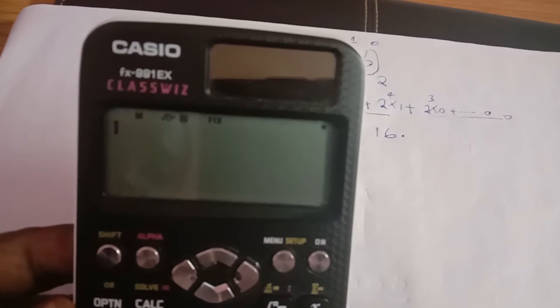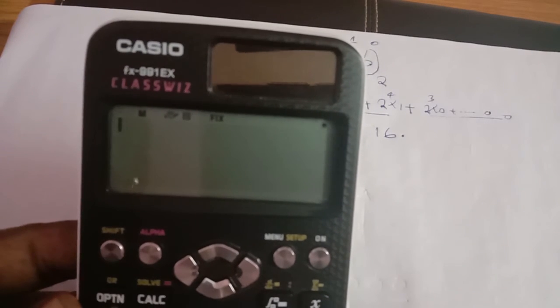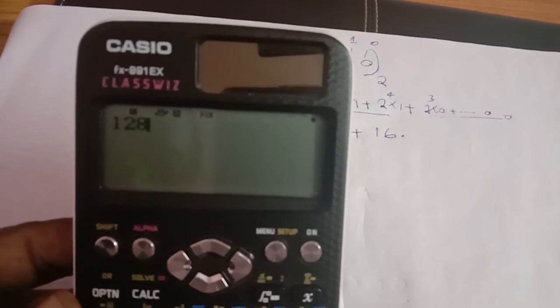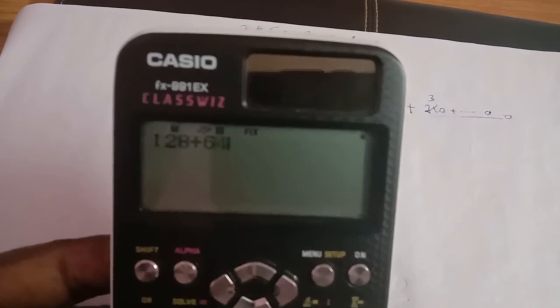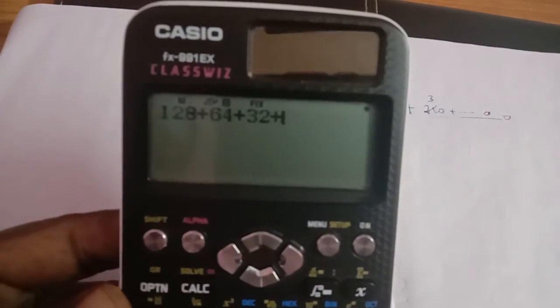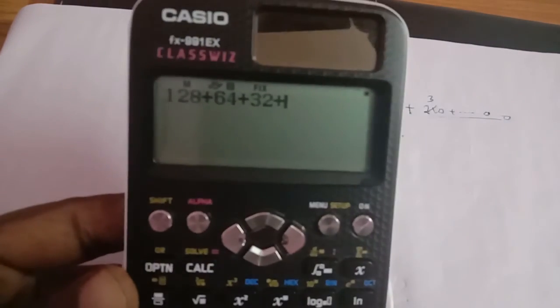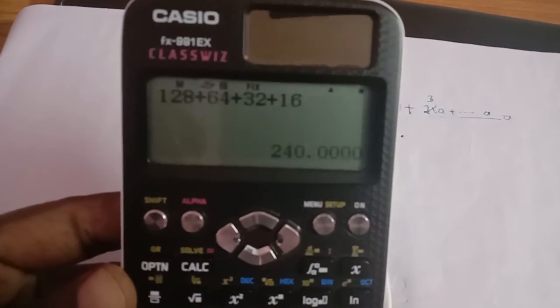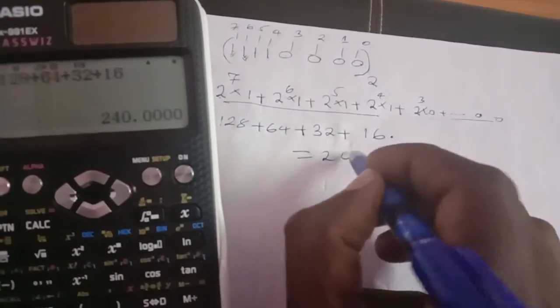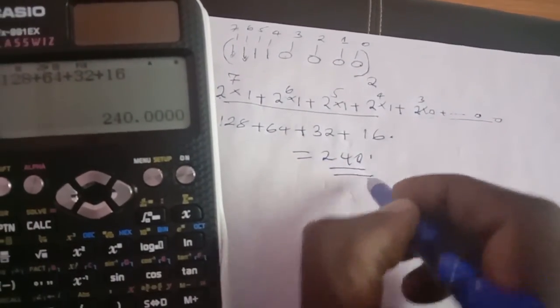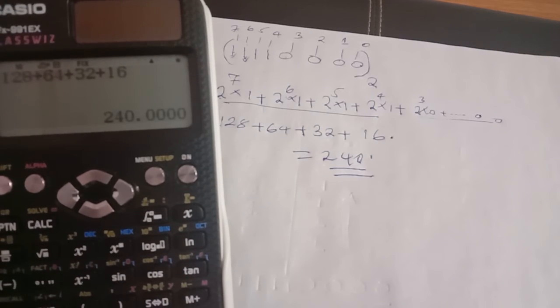The first number we have is 128, plus the second number 64, plus the third number 32, and the fourth number 16, which is 240. Then you are through.